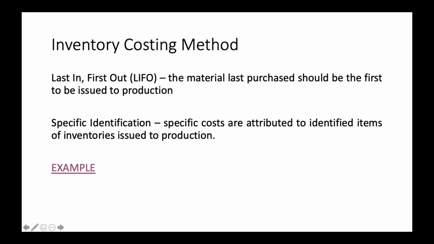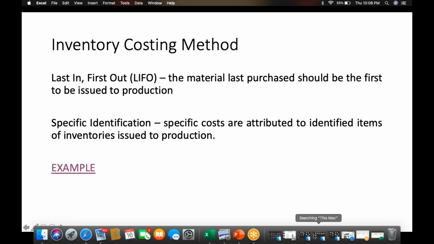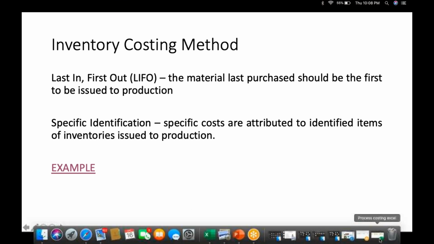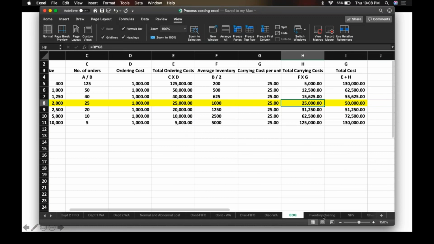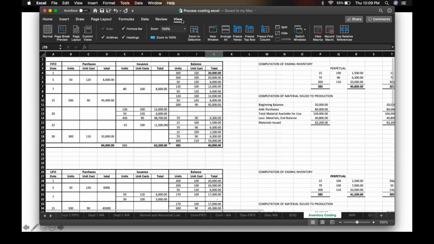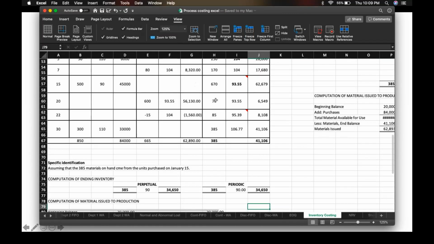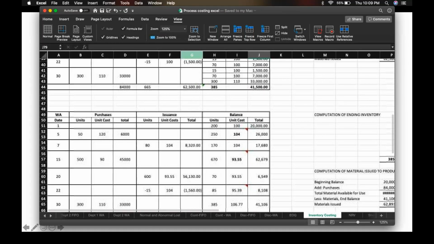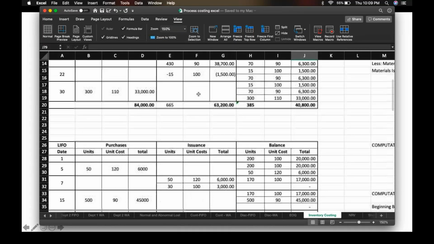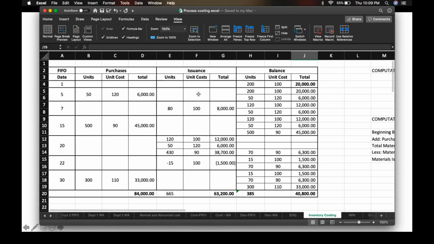Okay, let's go to the example. Okay, first in, first out.